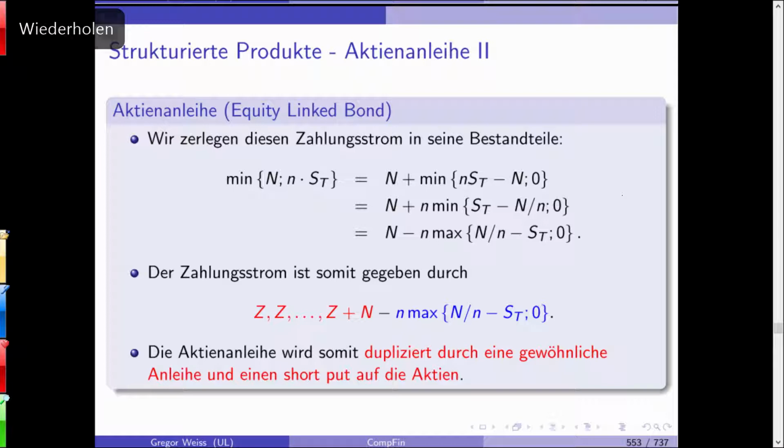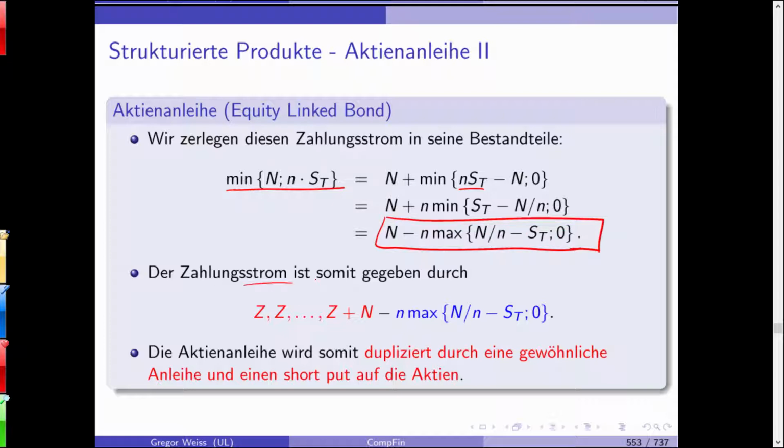And what can we do now to duplicate this cash flow stream? Well, we have the minimum of N and N times S_T. This is N plus the minimum of N times S_T minus N, or 0. And you can see here, this is N, the notional, minus the number of stocks times the maximum of N over N minus S_T, or 0.